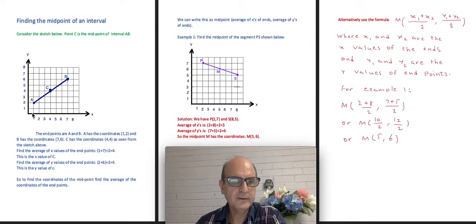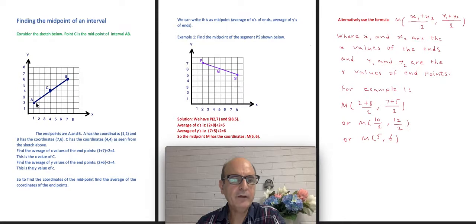The coordinates of A is 1 for x and 2 for y, and the coordinates of B is 7 for x and 6 for y. The coordinates of C is 4 for x and also 4 for y.